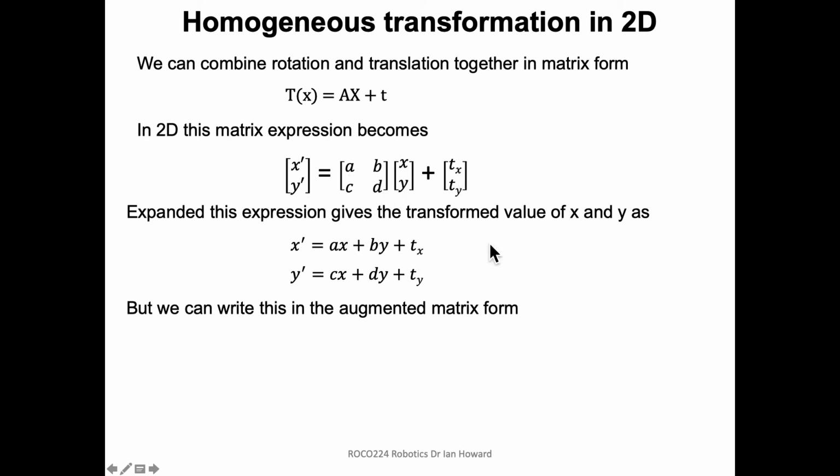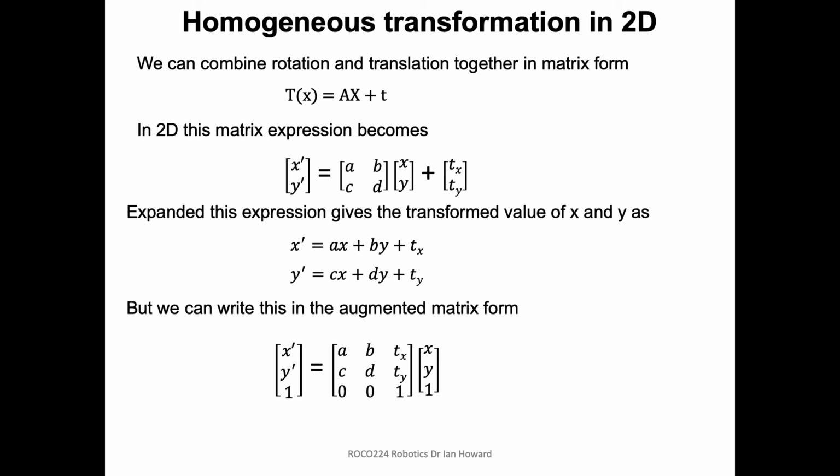If we multiply these out, we get x prime equals ax plus by plus tx, and y prime equals cx plus dy plus ty. We don't normally have to worry about doing this, it's just to show that we can now rewrite the system slightly differently.